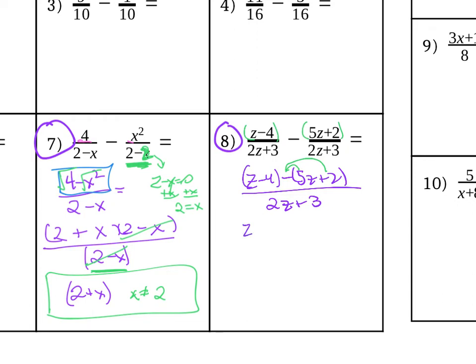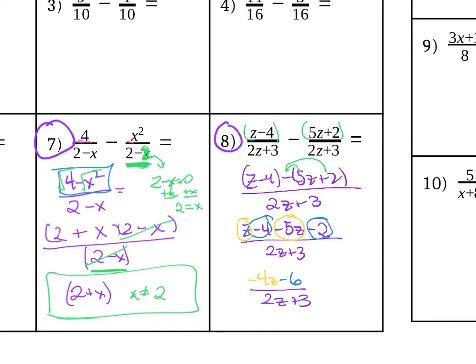So we're really looking at z minus 4 minus 5z minus 2 all over 2z plus 3. And now let's combine like terms. So we have negative 4 and negative 2, and then we have z and minus 5z. So first z and minus 5z, that is negative 4z, and then minus 4 minus 2, that is a minus 6, and that's all over 2z plus 3.